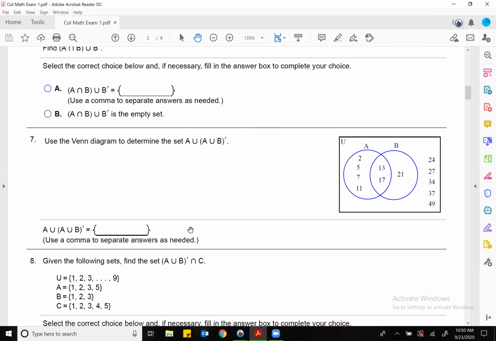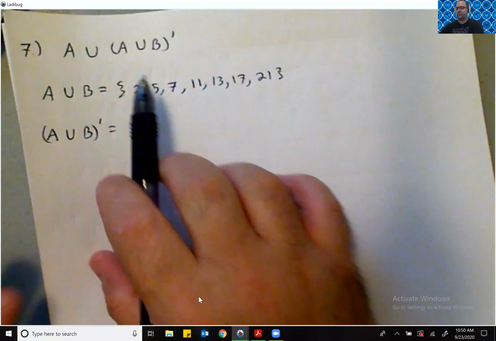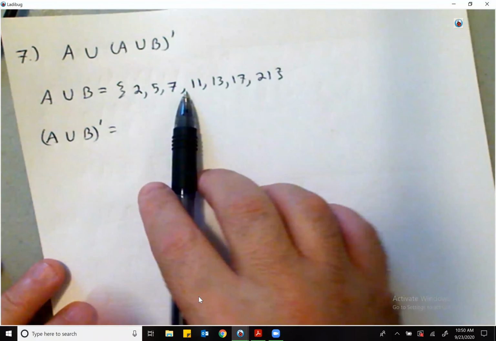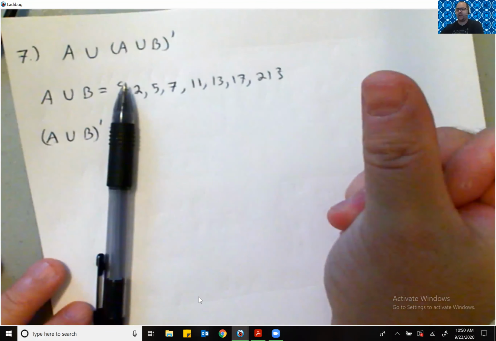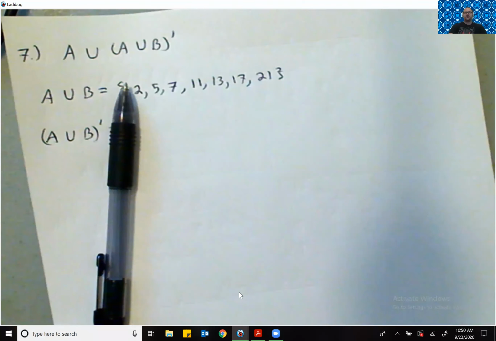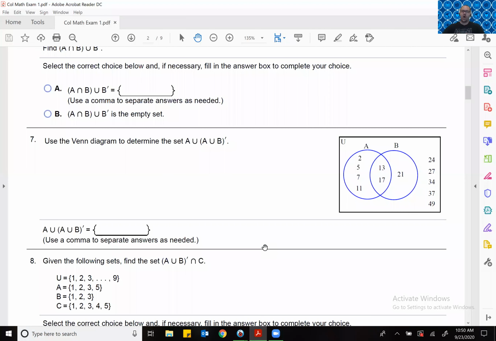Yes. And who are we taking the complement of? Is it from a union or from the parentheses? Exactly, a union. So we're taking this set right here and we're snapping it out of existence. So all these numbers right here, the 2, 5, 7, 11, 13, 17, 21, are now gone.